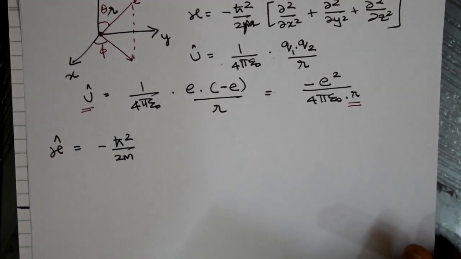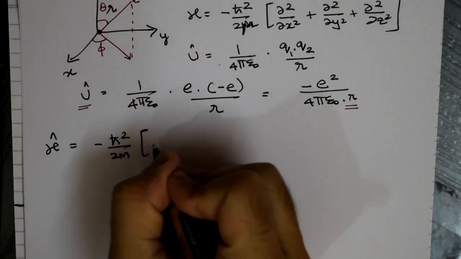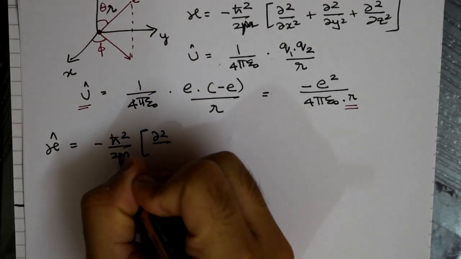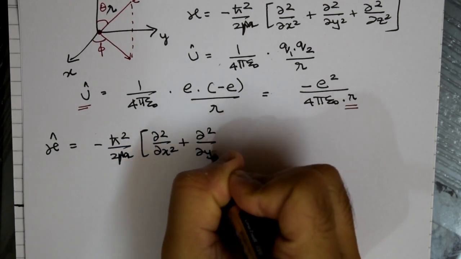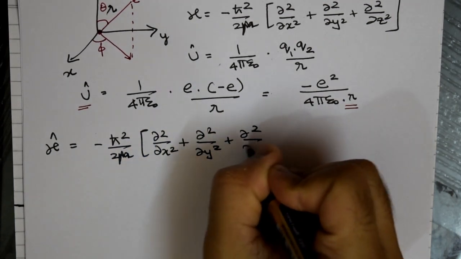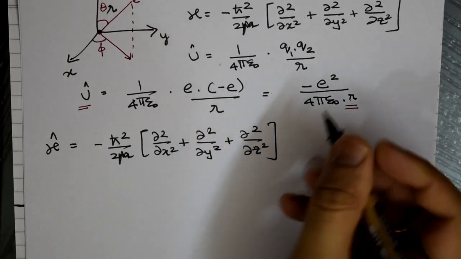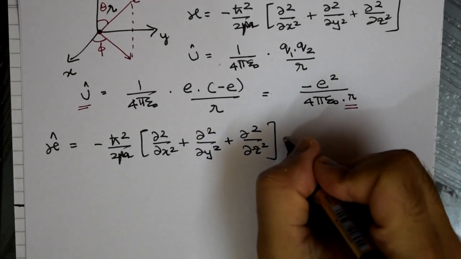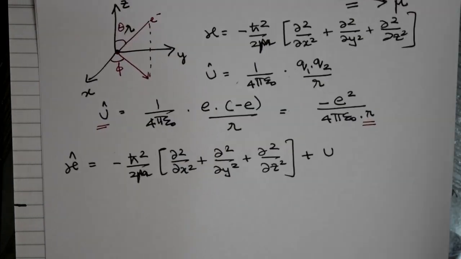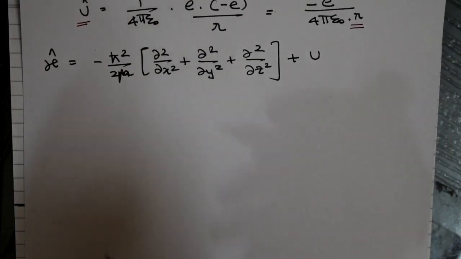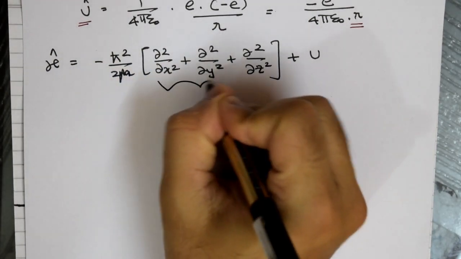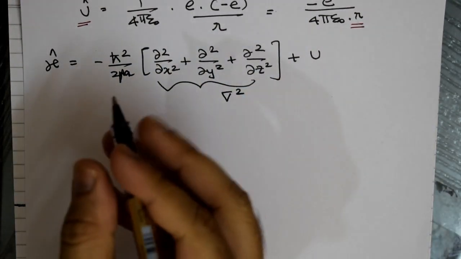So the full-blown Hamiltonian for the hydrogen atom is going to be minus h cross square by 2 mu, dou square by dou x square plus dou square by dou y square plus dou square by dou z square, with the potential U present this way. As we had done earlier, you might remember the Laplacian gets transformed into r theta phi.